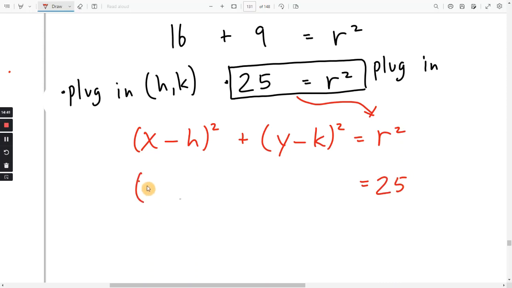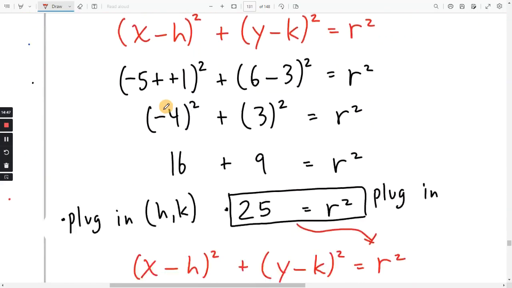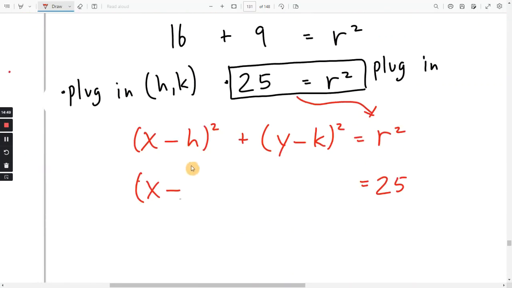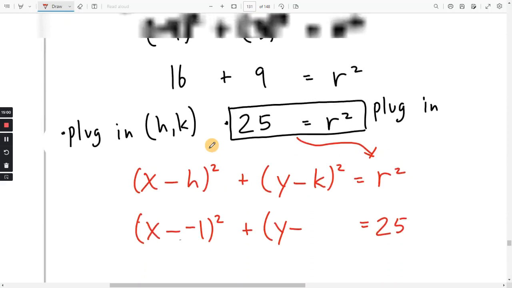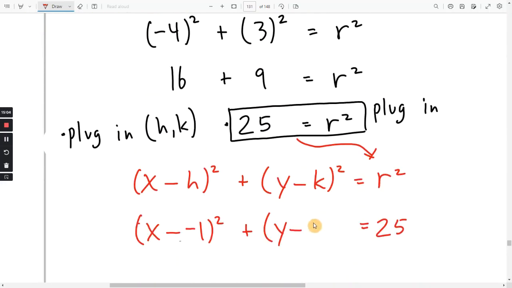And we have x minus h. We said that h was negative 1, and that's squared. And we have y minus k, but we said k was positive 3, so that's minus 3.